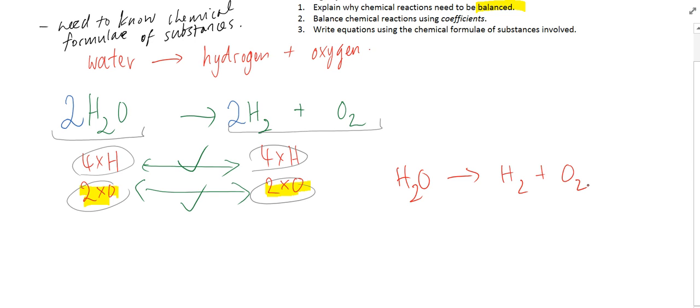So the problem that we started off with was that there were too many oxygens on the right side, or not enough oxygens on the left side. And a solution some people propose, and this seems like a logical solution, is to just increase the number of oxygens directly. So let's just change the subscript of oxygen there.